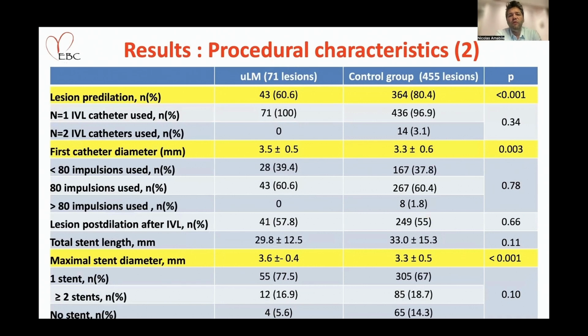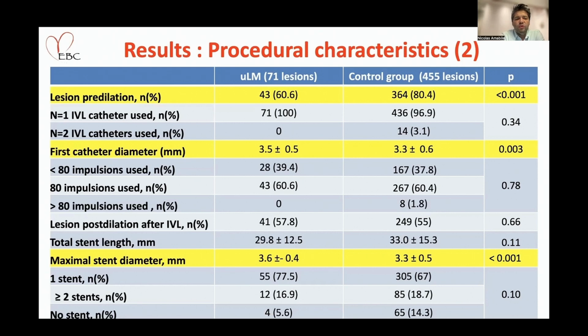There was more frequent lesion predilation in patients from the control group compared to the unprotected left main group, but there was no higher use of true IVL catheter. However, the first catheter diameter was larger in the patients from the left main group, which makes sense, and so the maximal stent diameter was also higher in these patients compared to the other patients.